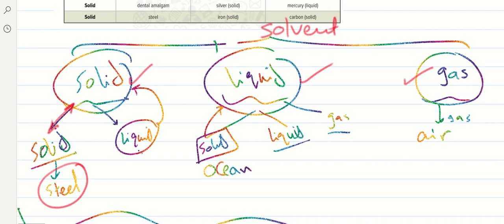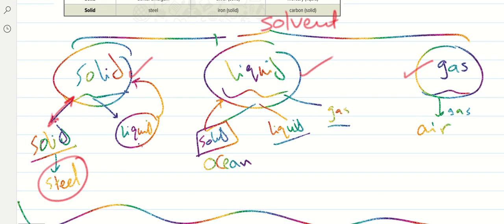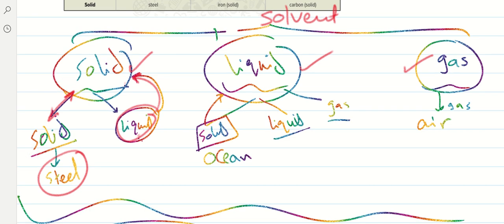If liquid is added to solid, like mercury added to silver, it will be the dental amalgam that the dentist uses for your teeth. So we have 2 examples for solid.